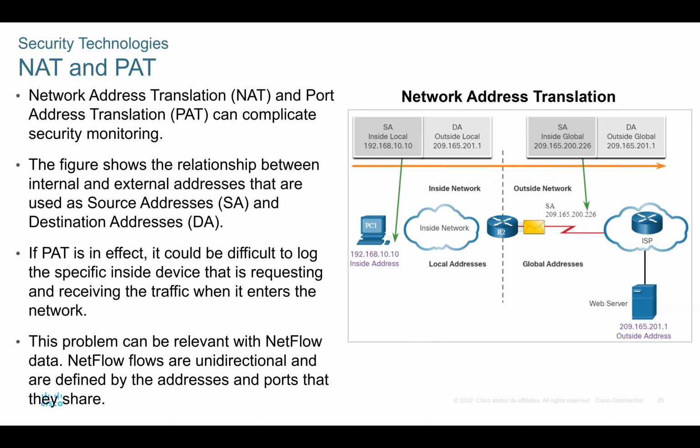Okay, then we got NAT and PAT. The reason we have NAT is that anybody inside the network who has a private IP address, when he needs to access the internet or outside his network, has to go to the router that is NAT enabled, will be given a public IP address, a global IP address, to access the internet, and when you come back, it will be translated back in.